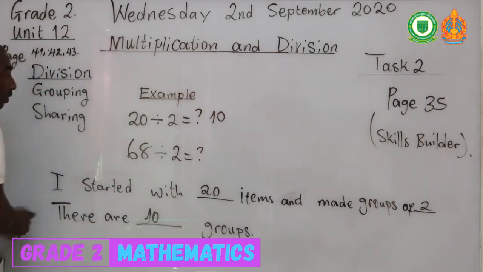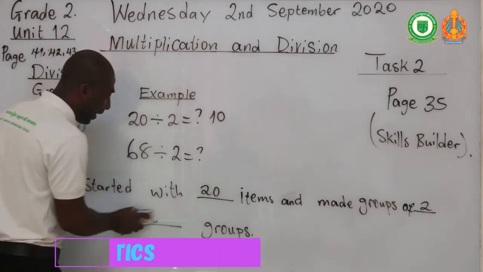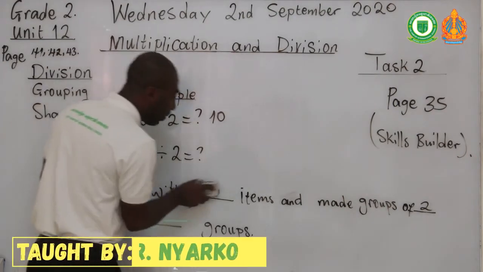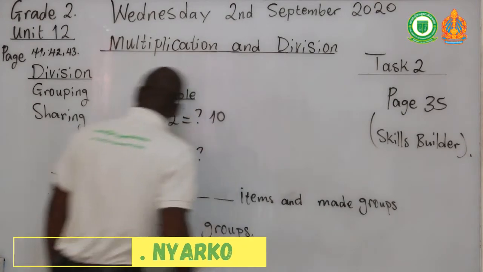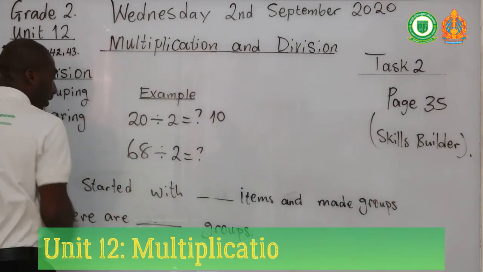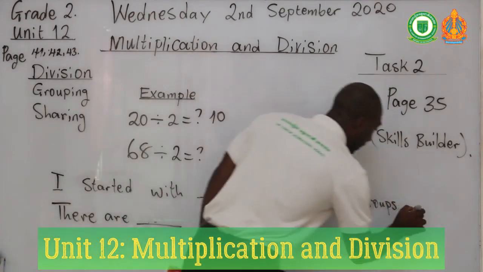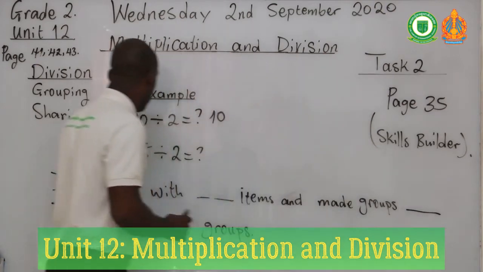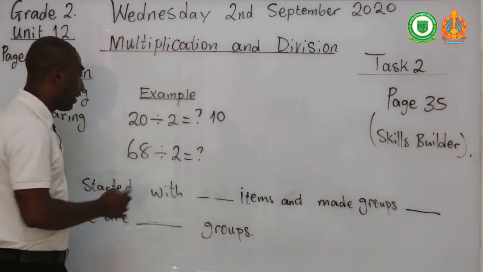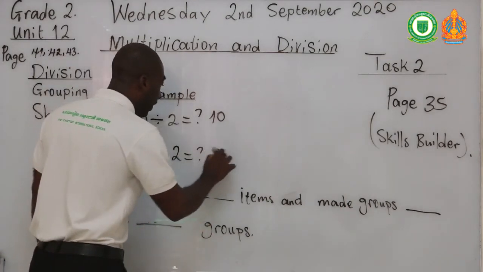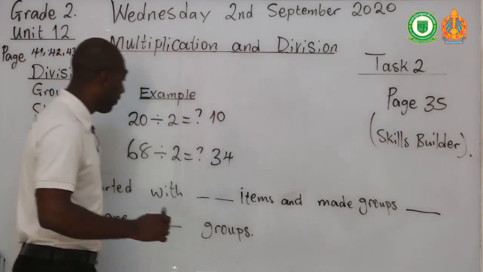So let's go to our second question. With our second question, we're going to divide 68 by 2, and that is going to give us 3, 4, that is 34.